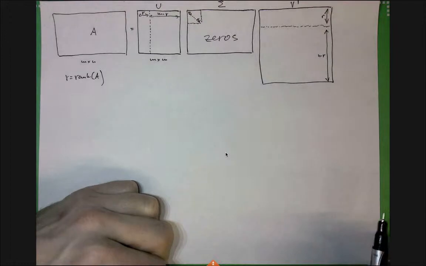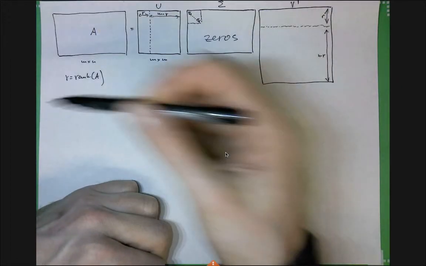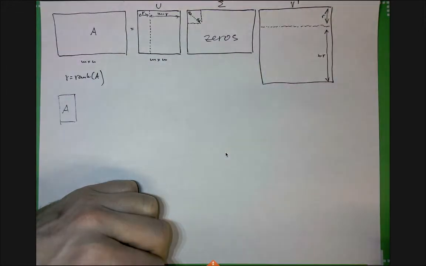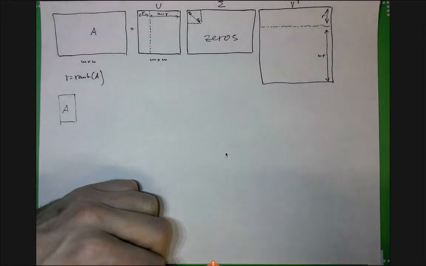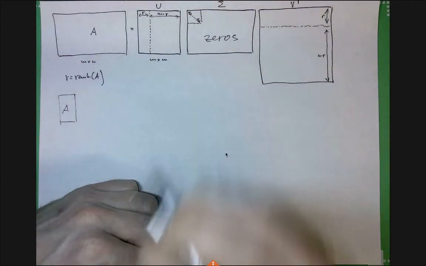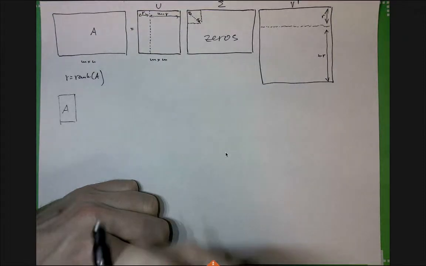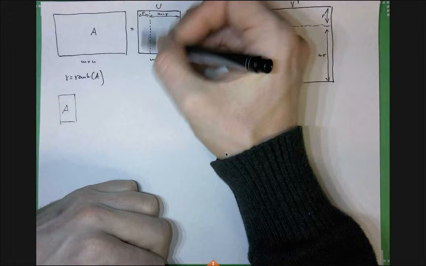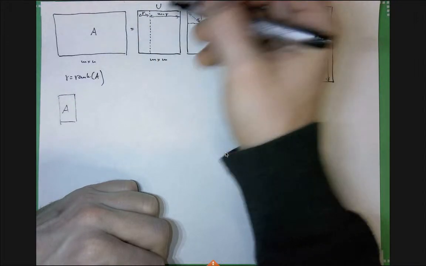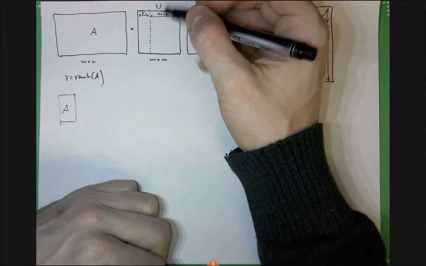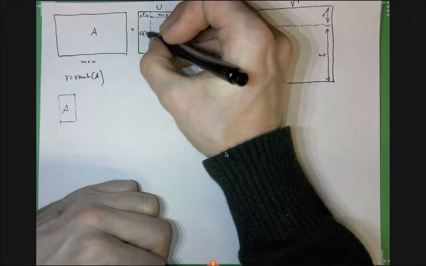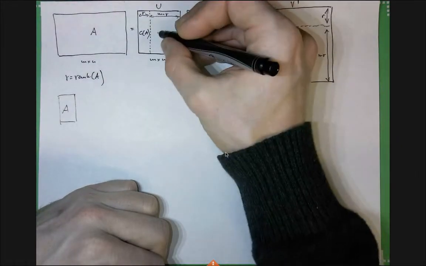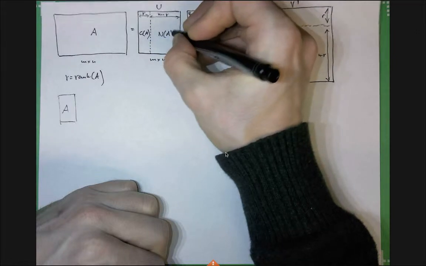Might be a good exercise to do the same picture for a matrix which is like this. It comes out basically the same thing, just to make a little exercise. And now what I claim is that the first R columns of U are an orthonormal basis for the column space of A. The remaining columns of U are an orthonormal basis for the left null space.